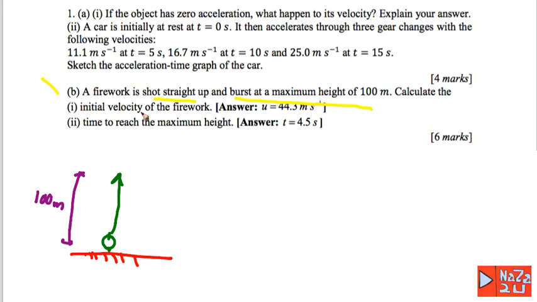Calculate the initial velocity u. You can use the equation v squared equals u squared minus 2gs.